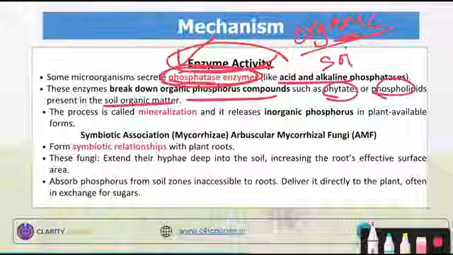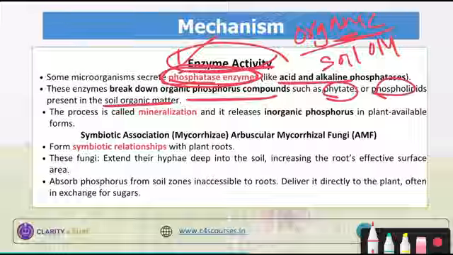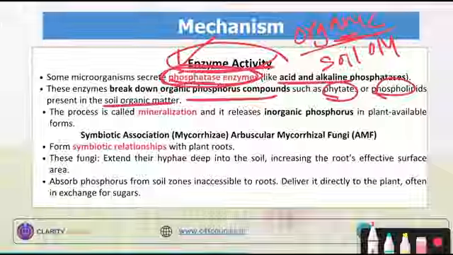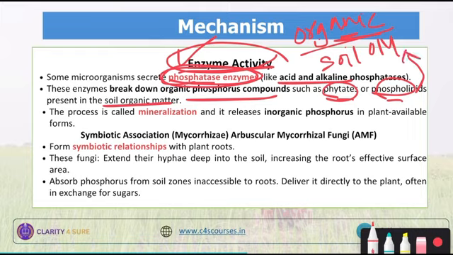As I said, this is organic phosphorus, that is soil OM, organic matter. There are some phosphorus compounds like phytates and phospholipids present in the soil organic matter, but they are unavailable. They are immobilized. They are not visible to the roots.